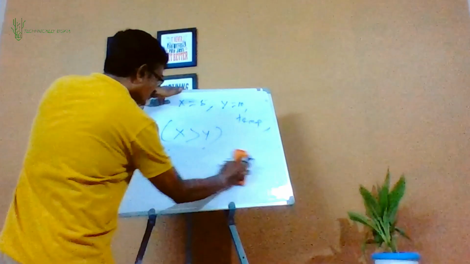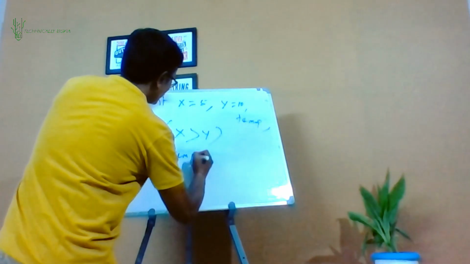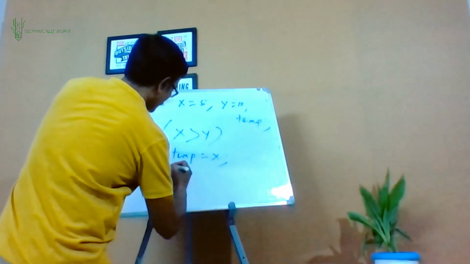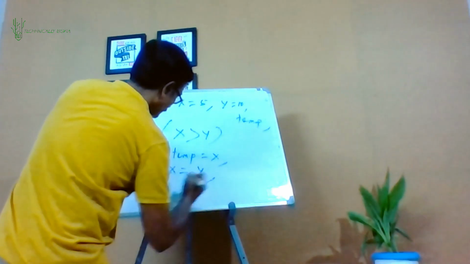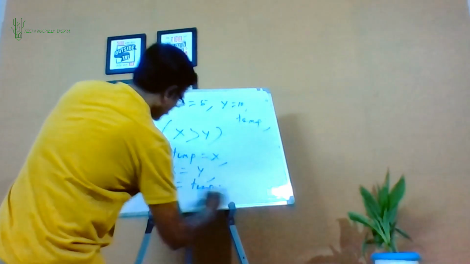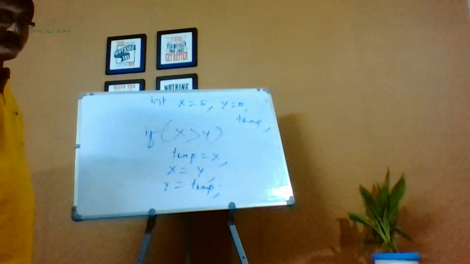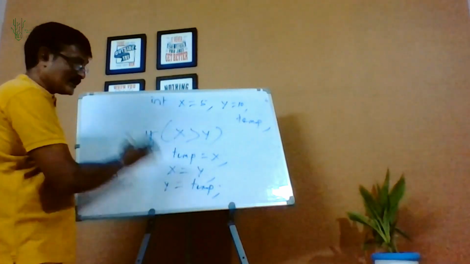In place of swap x comma y, I should write temp equal to x, x equal to y, y equal to temp. Got the 3 lines?